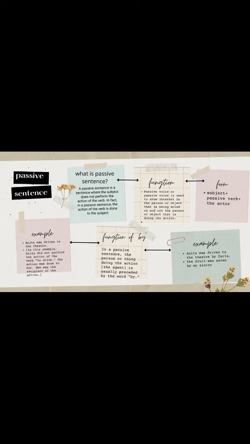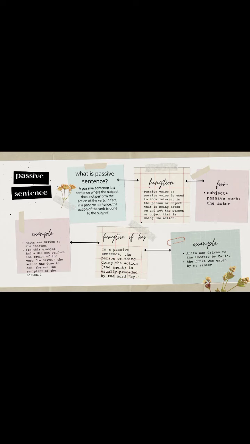The function of by in a passive sentence is to show the person or thing that is doing the action, or the agent. It's usually preceded by the word by. So we can make it more simple: the function of by is to show you who the agent of the sentence is.